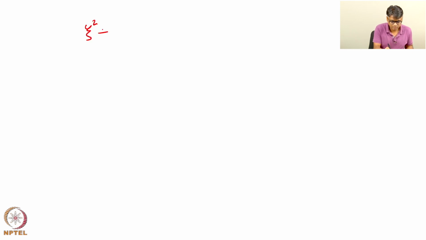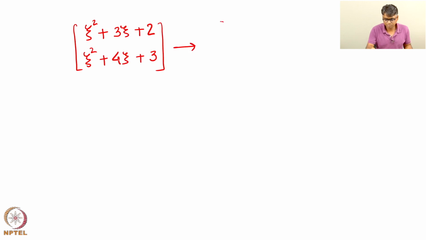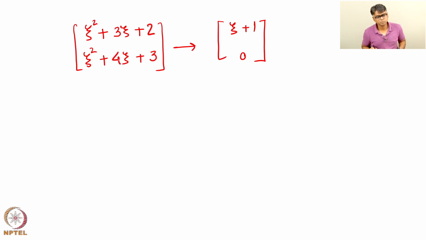We looked at these two equations, xi square plus 3 xi plus 2 and xi squared plus 4 xi plus 3, and we saw how this can be converted to this by unimodular row operations. But this was only an example. Can we do it in general? That is the question that we are asking.